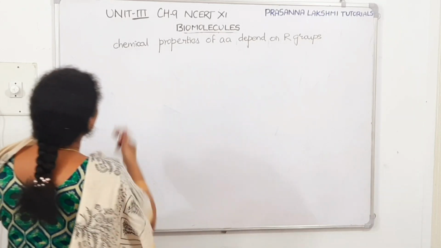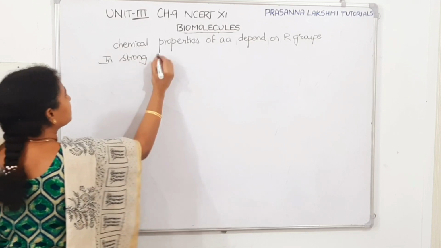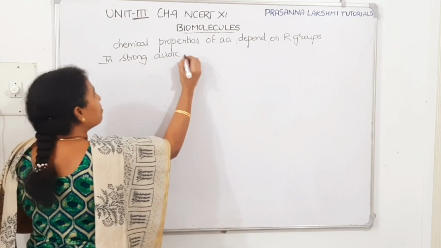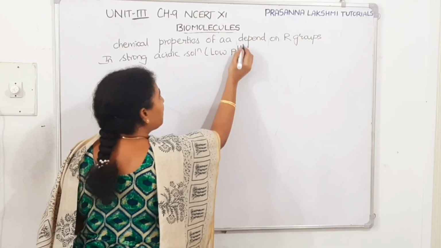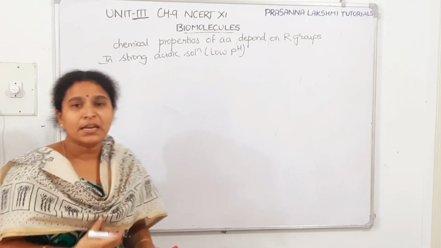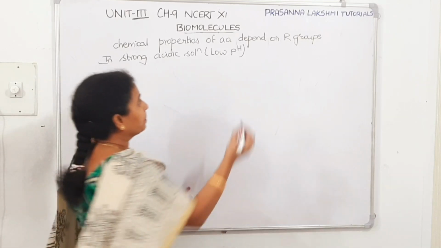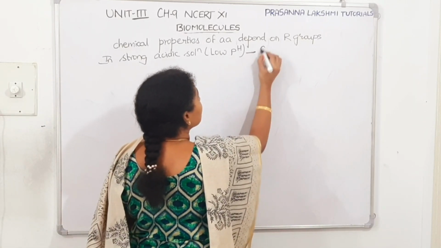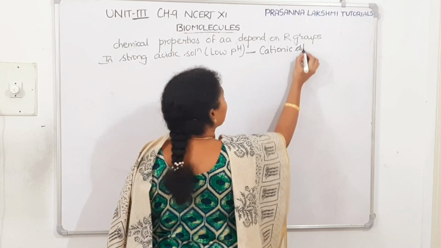Now, in strong acidic solution, meaning at a very low pH, the amino acid will become cationic. The amino acid becomes an ionic state, that is the cationic state.